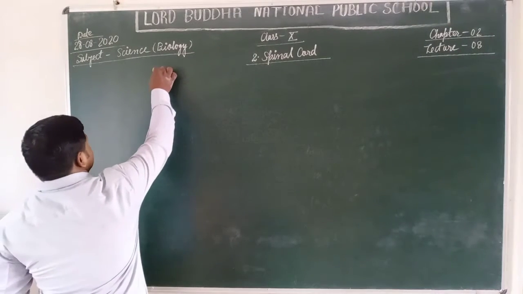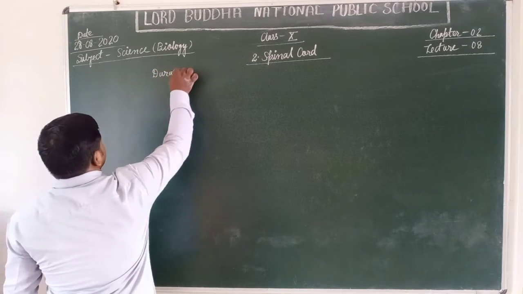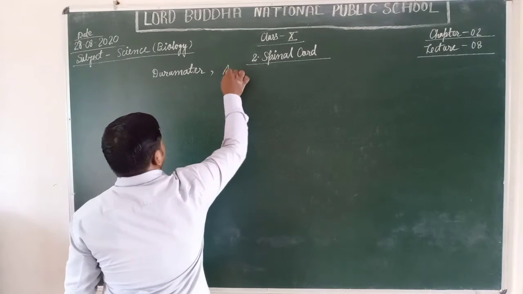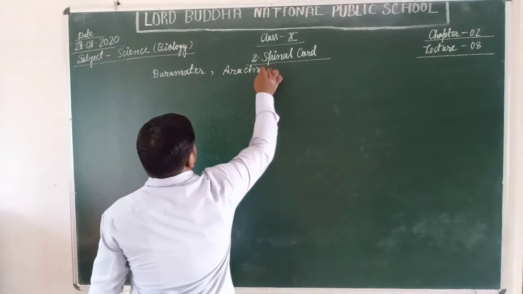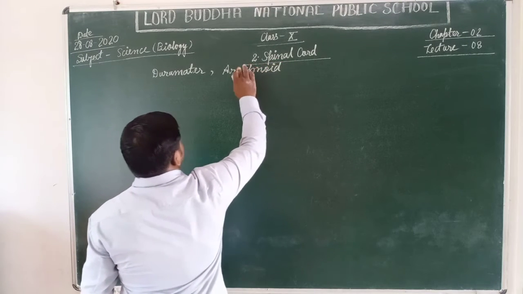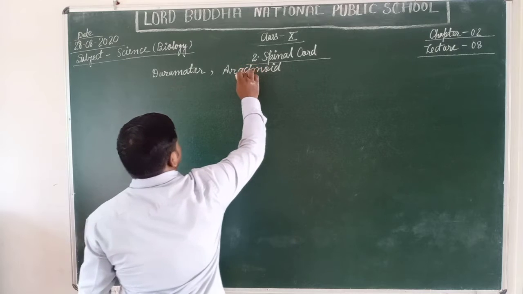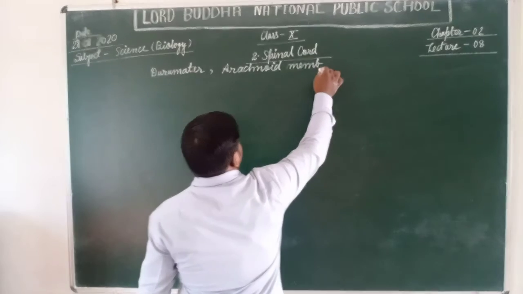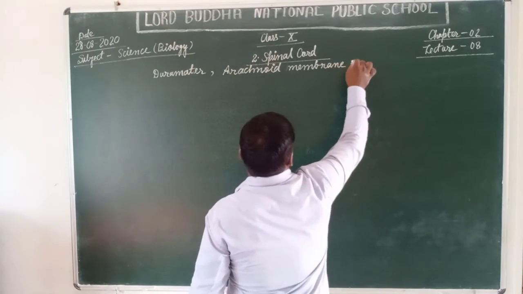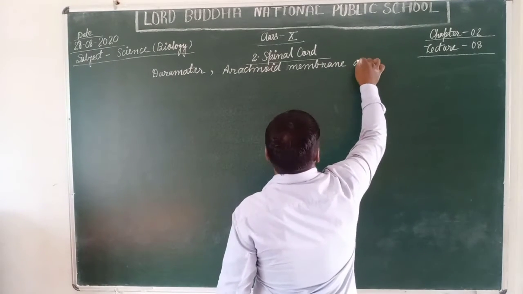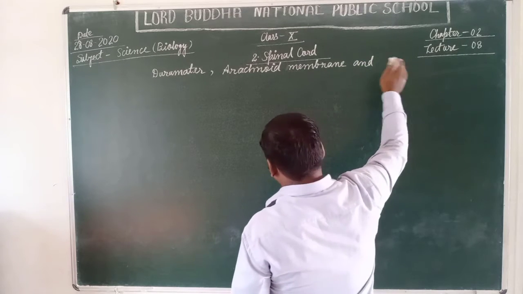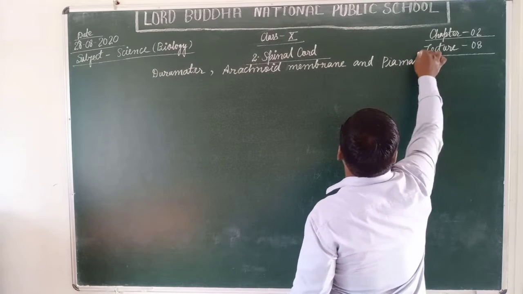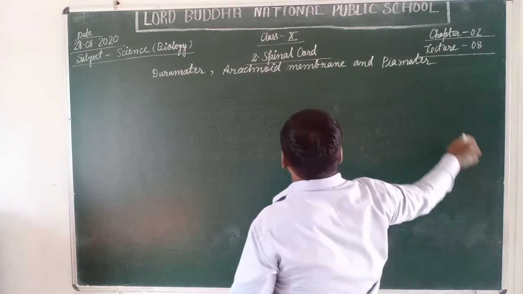The outermost is dura mater, the middle is the arachnoid layer or membrane, and the innermost layer is pia mater.